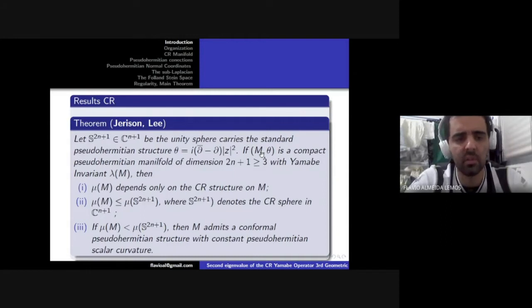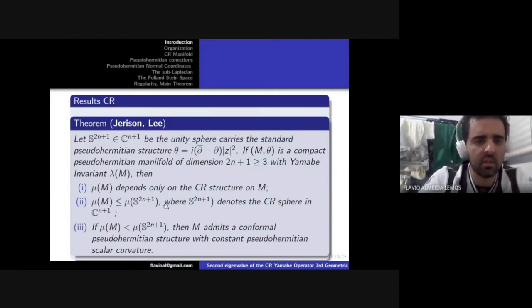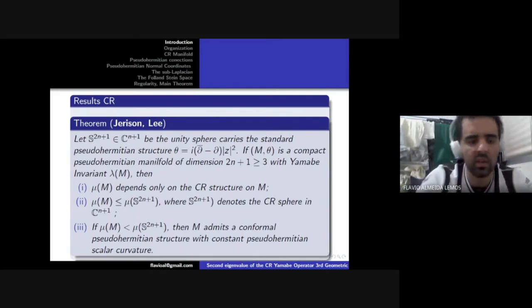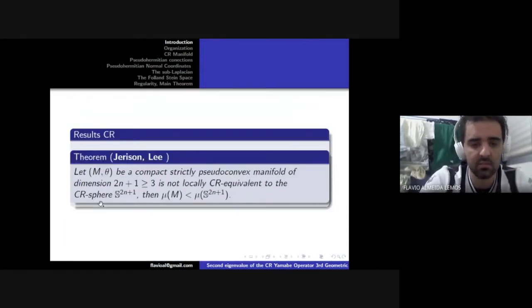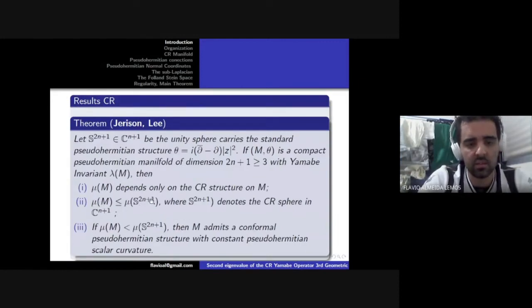Let M, theta be a compact pseudo-Hermitian manifold of dimension 2n+1, with Yamabe invariant. Then the Yamabe invariant of M depends only on the CR structure on M, and it is less than or equal to the Yamabe invariant of the sphere in complex space.